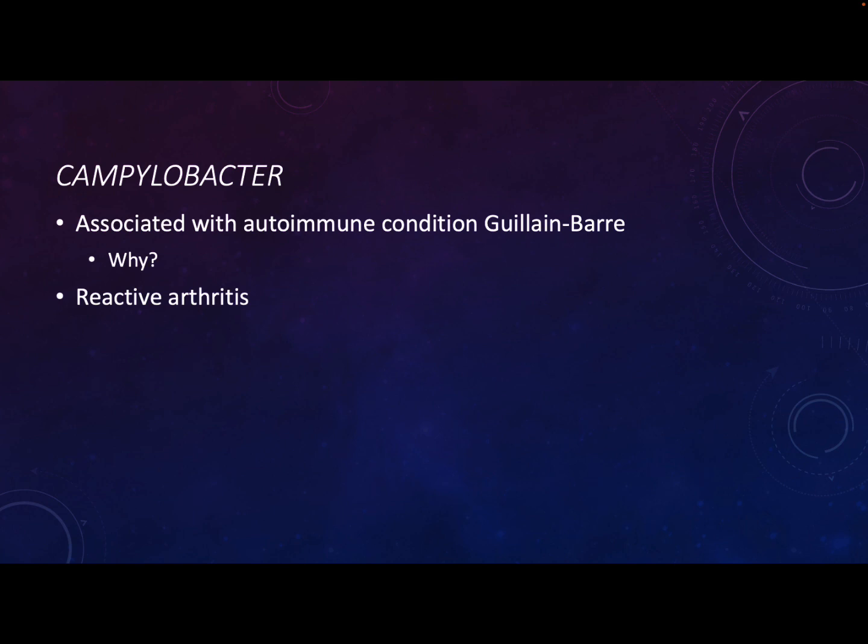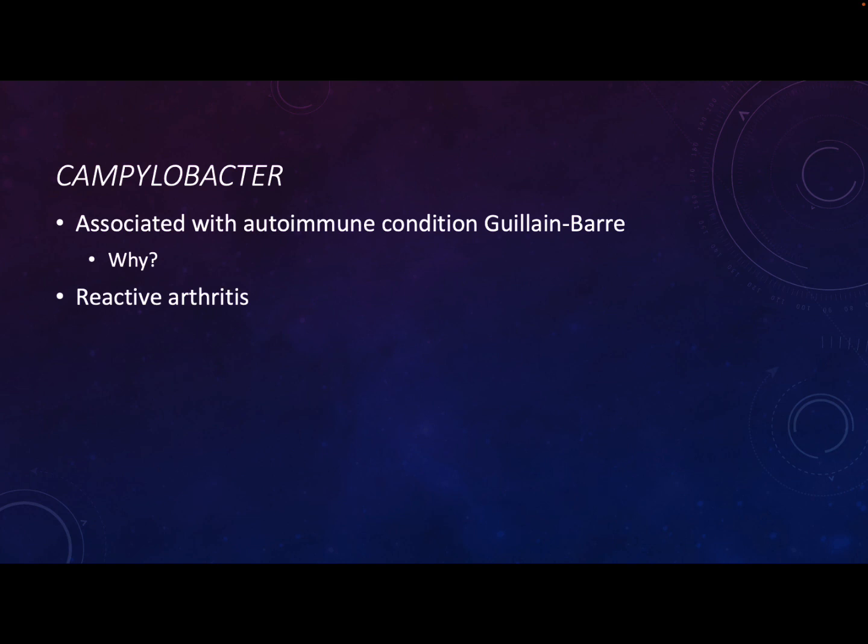So the question is, why? Why do we sometimes see that following this infection, we have patients who develop these autoimmune complications? Generally the reason is that Campylobacter has some molecules on its surface that look a lot like molecules that are found in our nervous system.